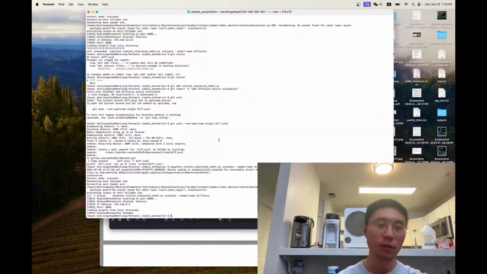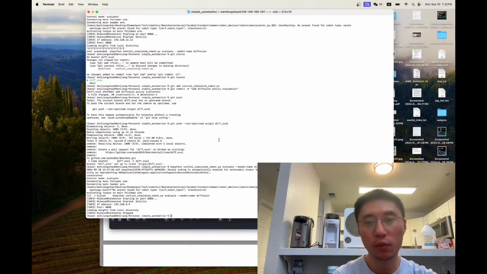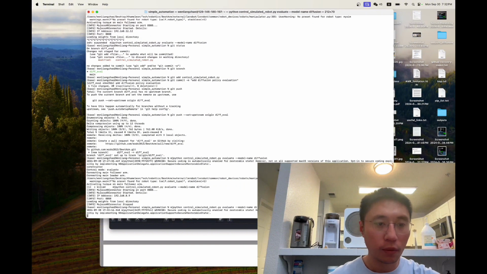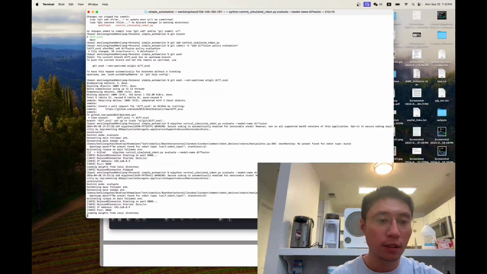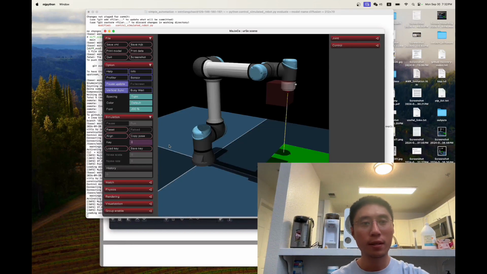Today I tried some test training of a diffusion policy model. We still don't have a lot of data, so the model right now is still really bad. But one interesting thing is we can see the evaluation. In the evaluation, we can see every time we open the evaluation, the inference policy is different.